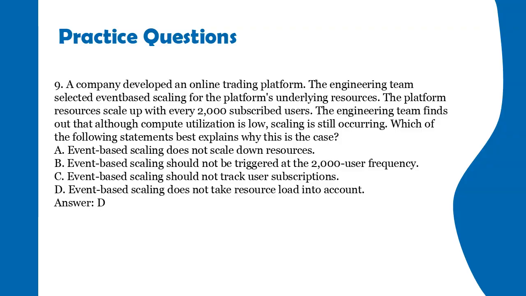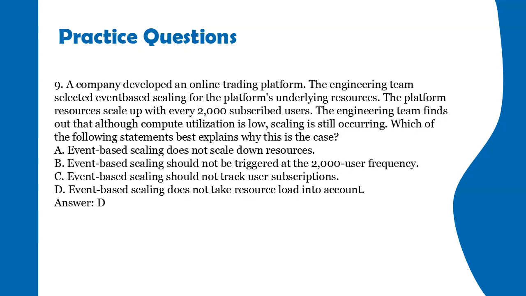9. A company developed an online trading platform. The engineering team selected event-based scaling for the platform's underlying resources. The platform resources scale up with every 2,000 subscribed users. The engineering team finds out that although compute utilization is low, scaling is still occurring. Which of the following statements best explains why this is the case?